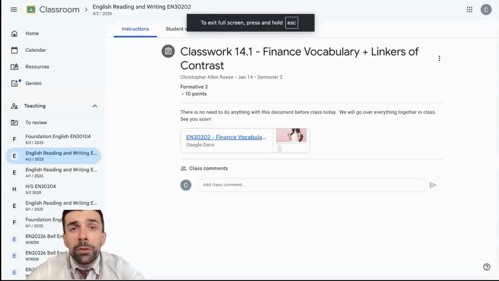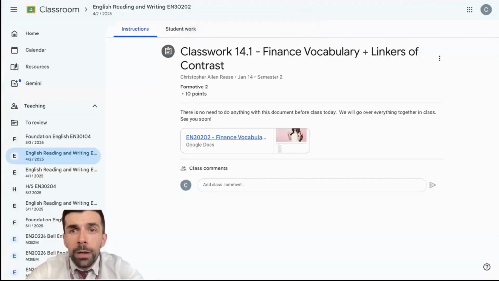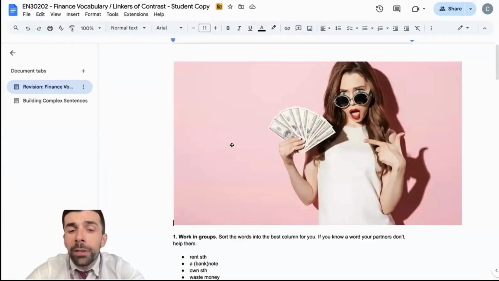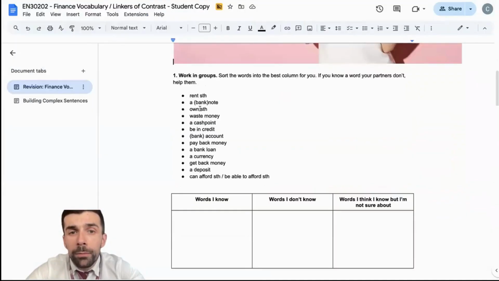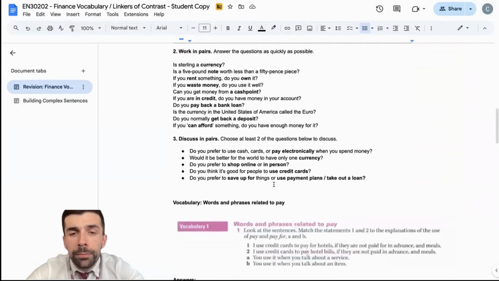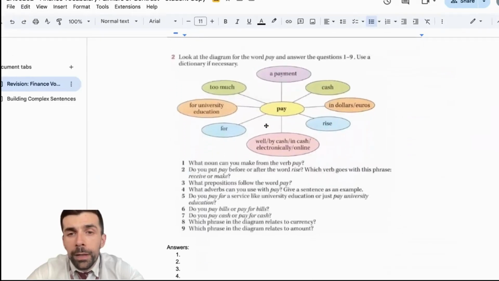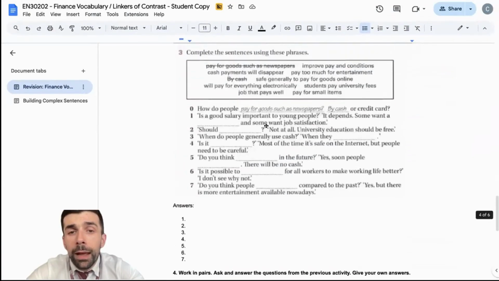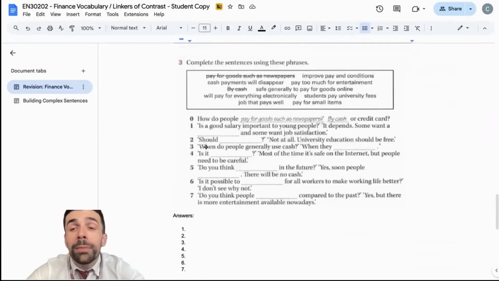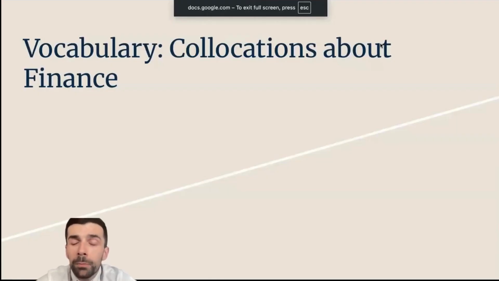In the unit materials, you can find these in classwork from 14.1, where we started our unit on finance vocabulary and building complex sentences in exercises 1 with these items, 2 for the items in bold, 3 in the spidergram, and 4, and 3.2 in the practice activity. These are the items that may appear on the exam.